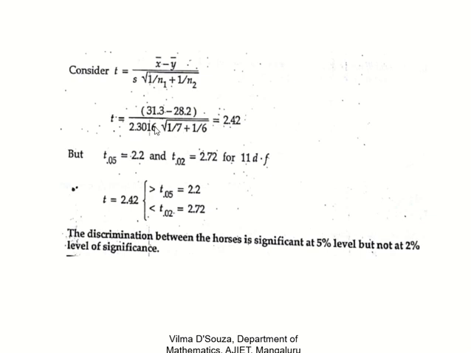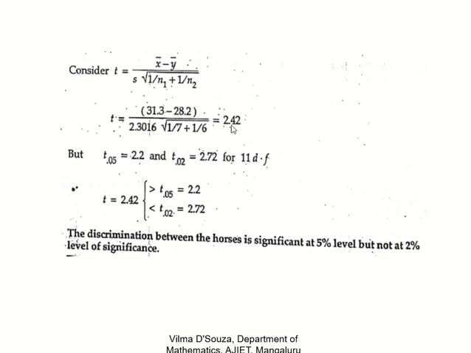Calculate this value, that is 2.42. The calculated value of t is 2.42. But given in the problem, t of 0.05 is 2.2 and t of 0.02 is 2.72 for 11 degrees of freedom.